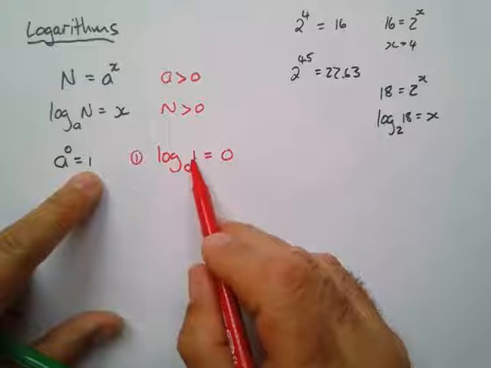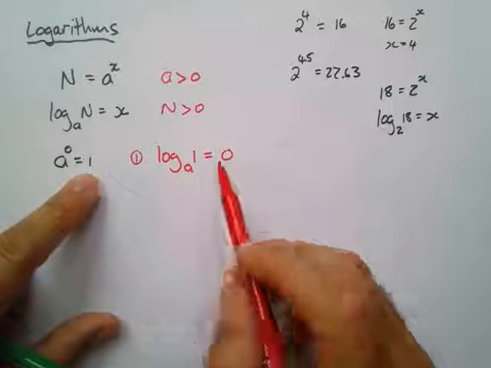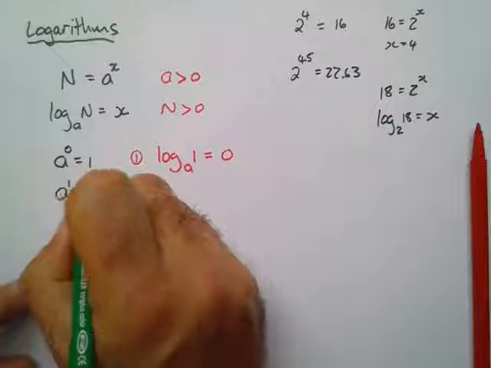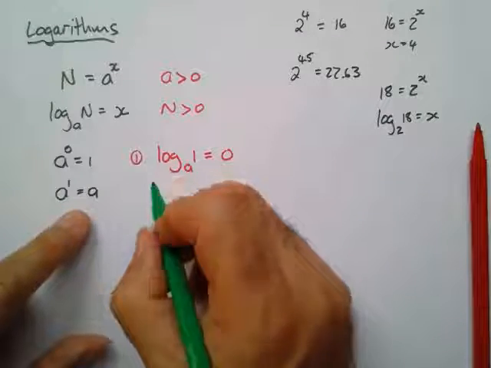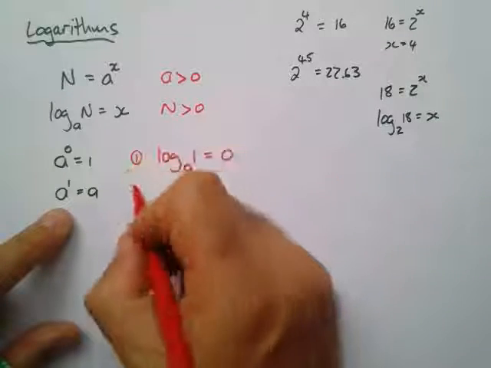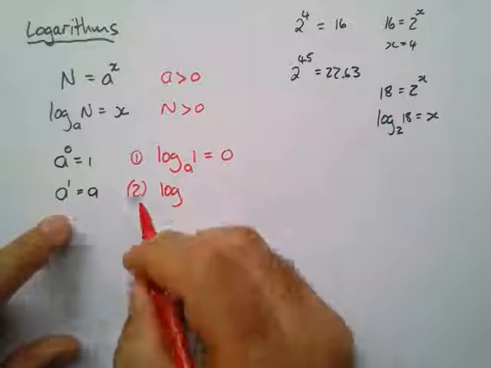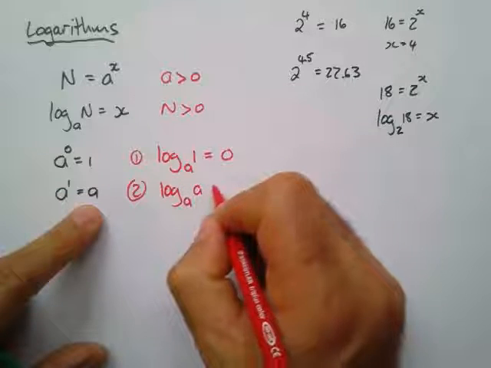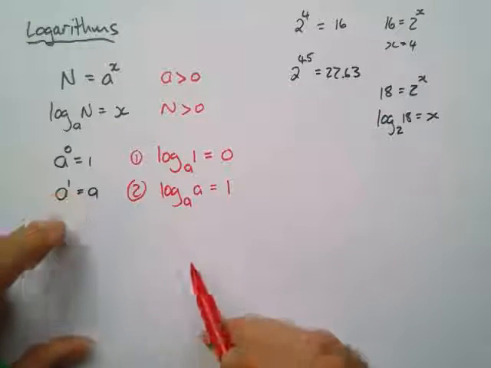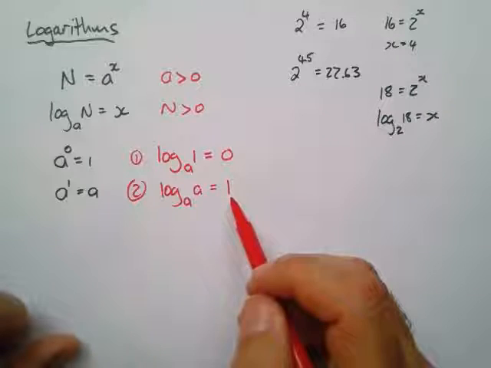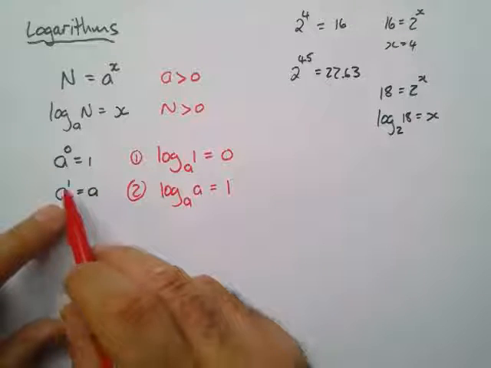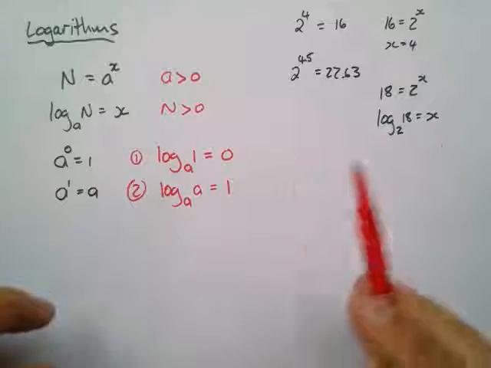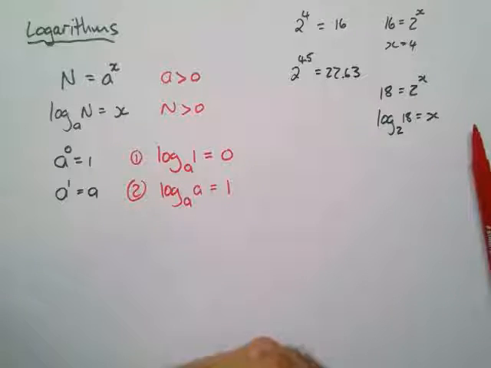So whenever we have a log of 1, no matter what the base is, the answer will be 0. We also know that a to the power 1 equals a. Let's write this in log form: the log base a of a must always equal 1. So if these two are the same, the answer must be 1. If you rewrite this into log form, it is clear that these are the rules.